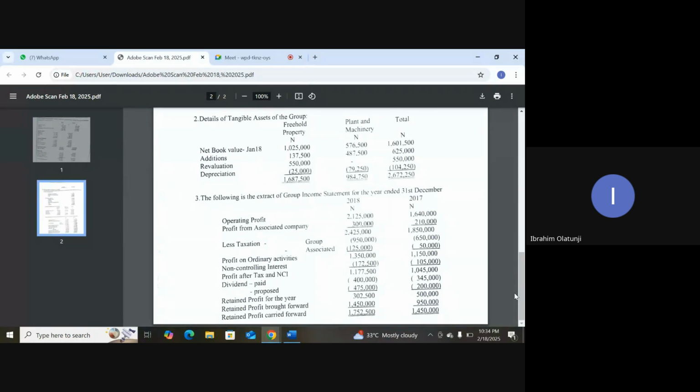And your husband now opens your bag and sees 12,500 in it. You know that 12,500 that your husband saw in that bag is no longer your own. It's your husband's own, because he already paid your dowry of 50,000. If your husband wants to calculate how much he paid for your dowry, it's not going to be 50,000 again, because he's already seen 12,500, part of the money he used to acquire you.